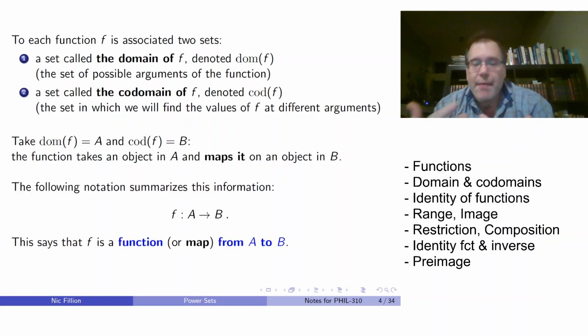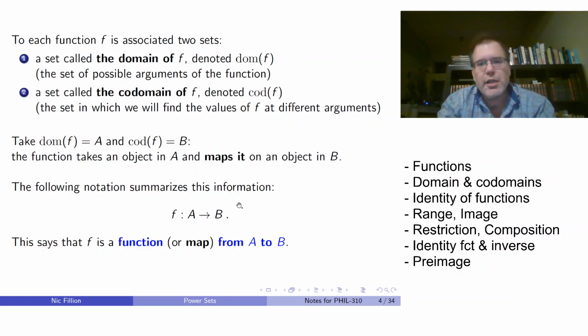In order to capture this idea that a function maps an element of the domain to an element of the codomain, we often use the notation that you see here, where we have f colon A arrow B. Now, sadly, the arrow is the exact same symbol that we use for the implication in logic.